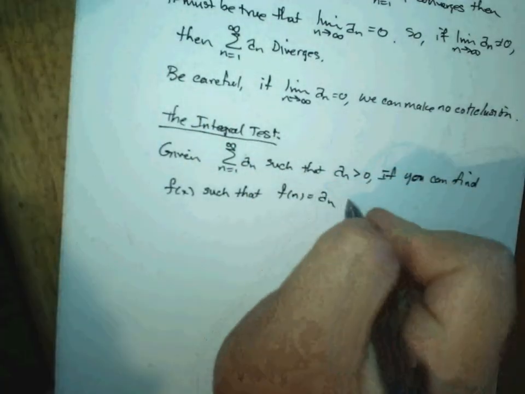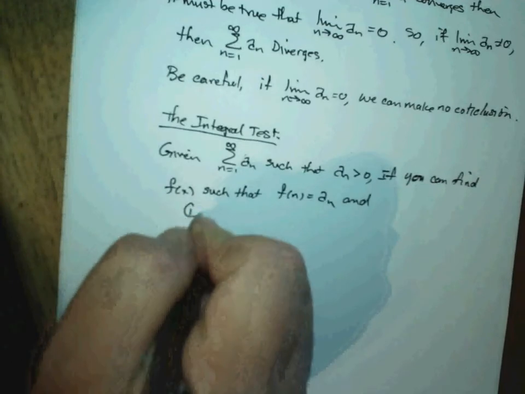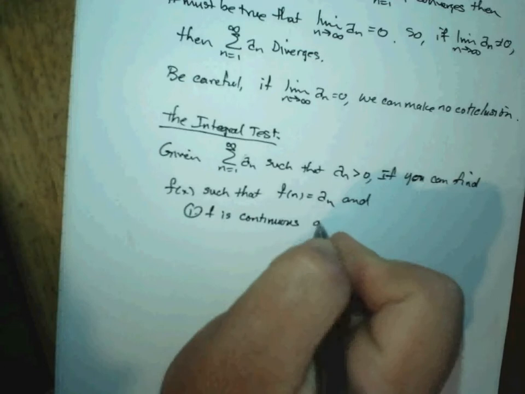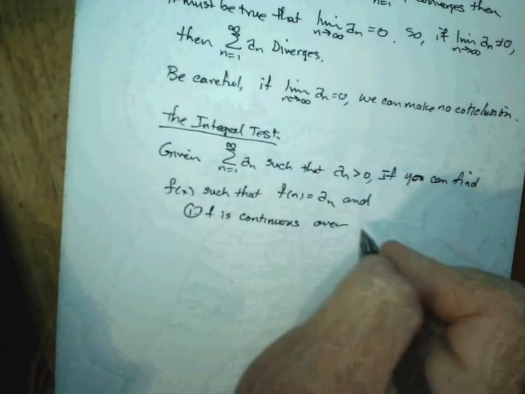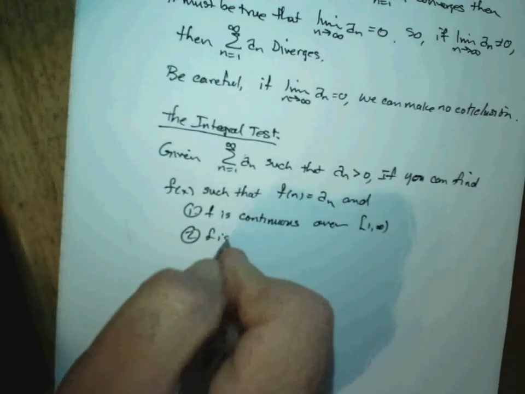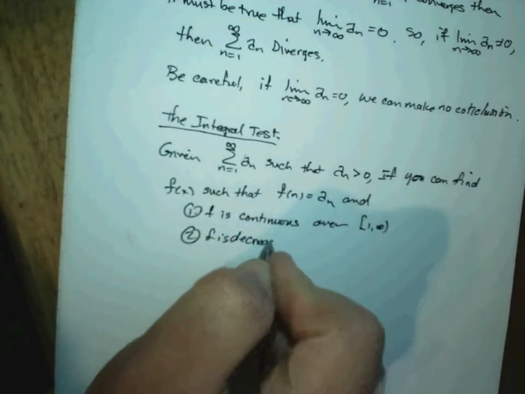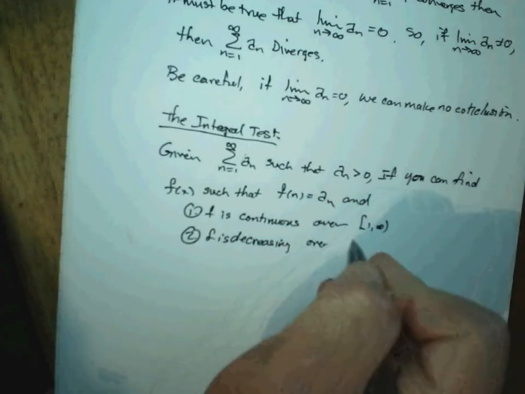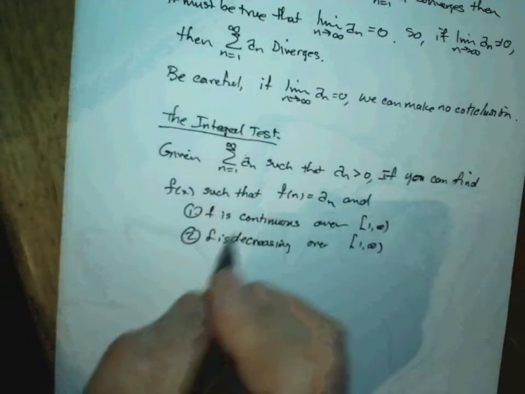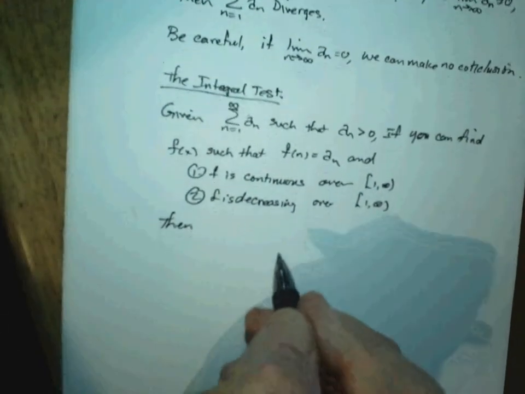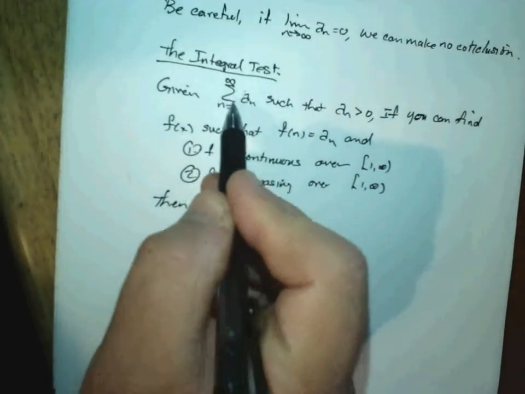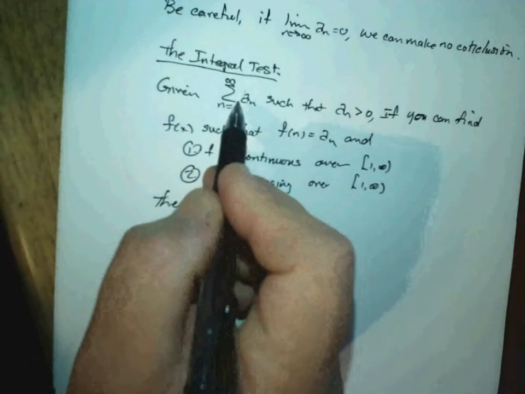And f is continuous over the interval, in this case from 1 to infinity. F is decreasing over the interval from 1 to infinity. Then, and this is why it's called the integral test, we can test the convergence of this series by looking at the convergence of an equivalent improper integral.